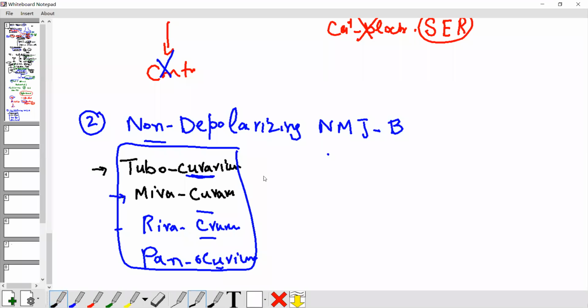So where do these drugs come from? What is the Curare family? The word Curare, it is a plant, derived from a plant. It's a toxin. Before, people hunting animals used arrows. How did they hunt the animal? They used this plant toxin on the arrowhead.